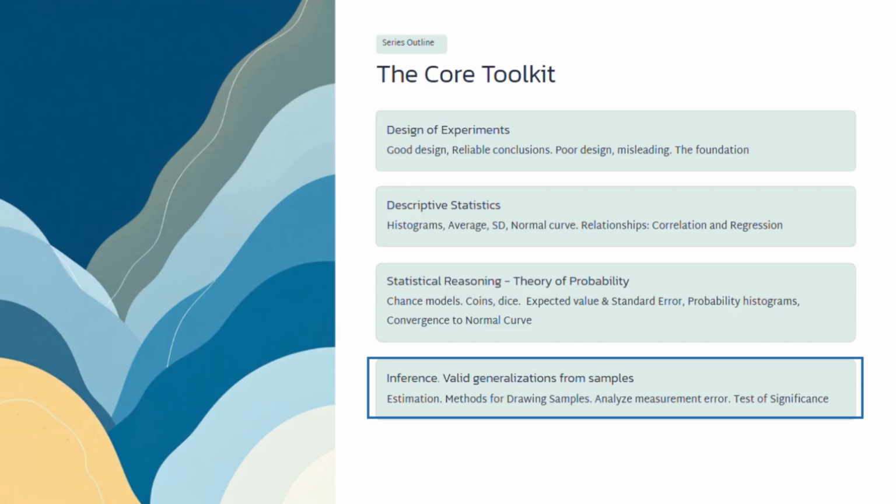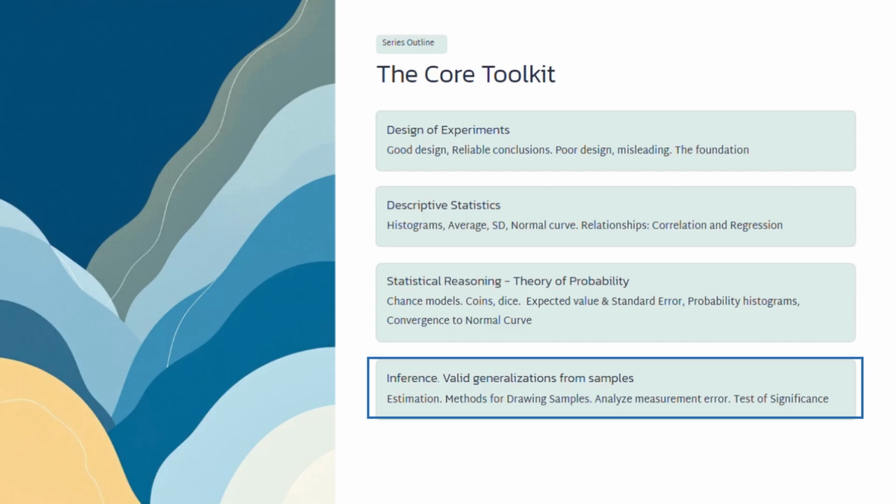You will see that statistical inference depends on chance models. If the model is wrong, the resulting inference may be quite wrong as well. So these are the core fundamental concepts within the inference framework when we talk about statistics.